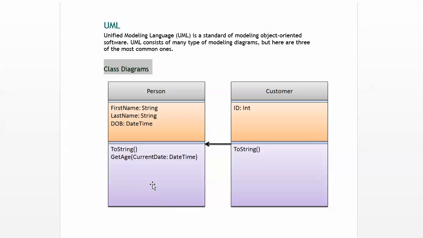Now, if we're going to make a customer class, we can indicate a customer class by making another rectangle, indicating what is unique about the customer class, such as customers have IDs, and the toString method would also be noted. And because customer inherits code from person, you use an arrow pointing back to the parent.